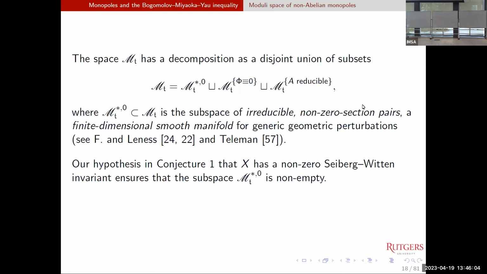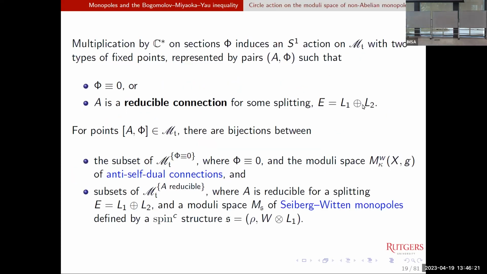So one of the ways our hypothesis of dimensional format, non-zero side comes in is to show that this moduli space and the star at zero. And there's a picture that goes along with this, more or less this in so many words.